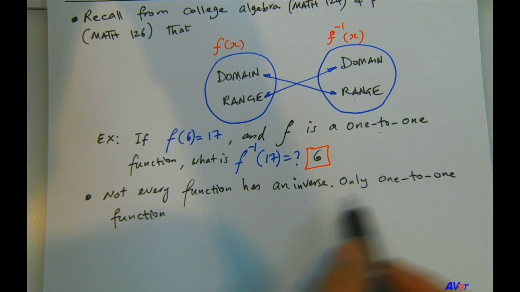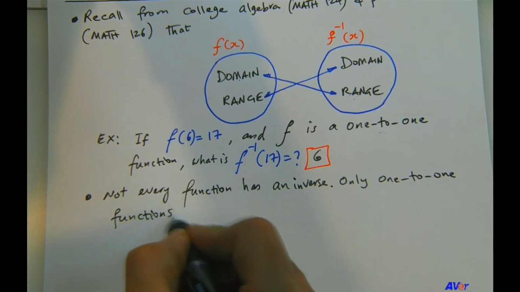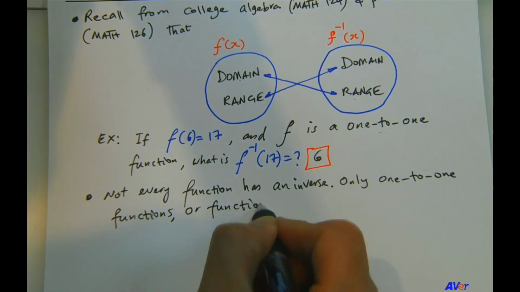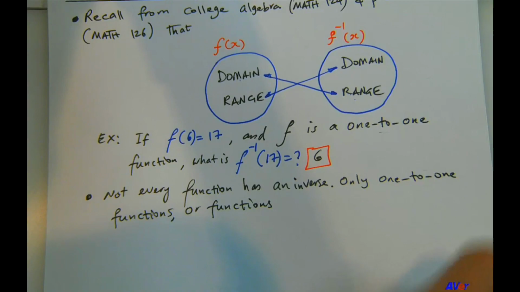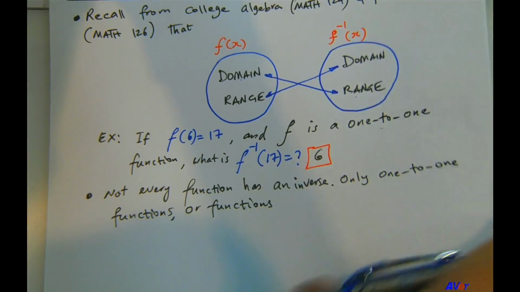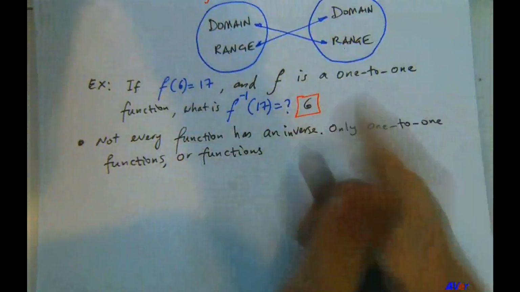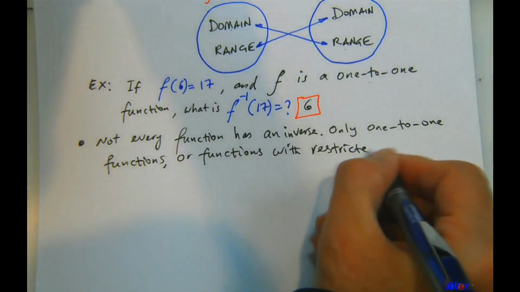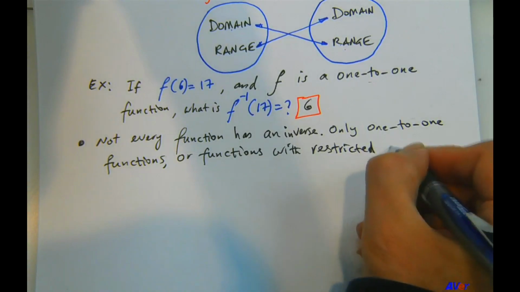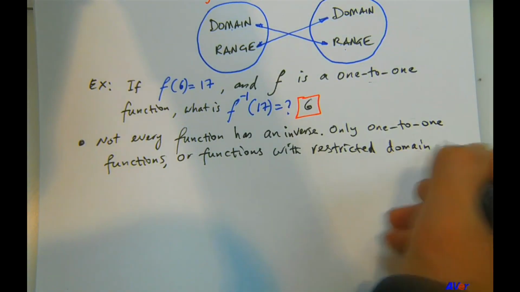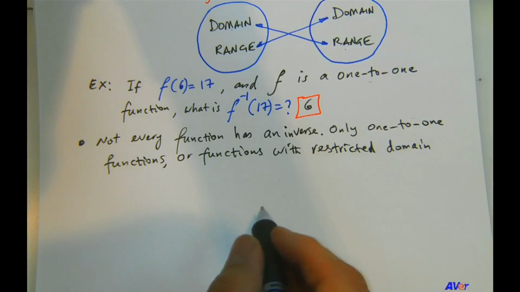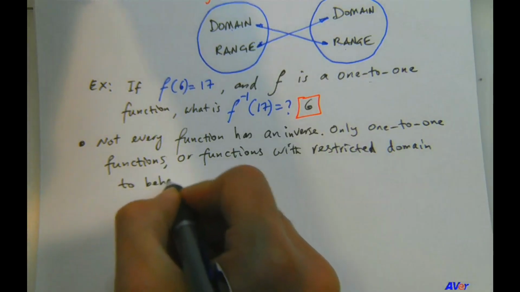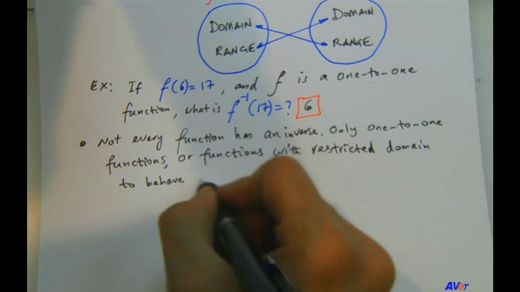And so let me mention that only one-to-one functions, or functions with restricted domain to behave as a one-to-one function, can have an inverse, and I'll give an example of that.